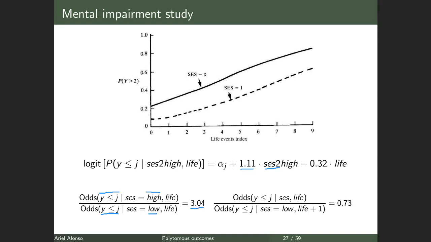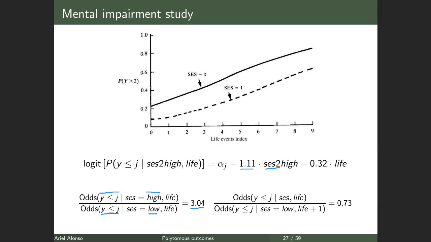So the odds of having a small value, because remember that here the scale is constructed in such a way that small values are better, 1 is well. So for people that have a high socioeconomic status, the odds of having a good response are 3 times larger than the odds of having a good response for individuals with a low socioeconomic status.